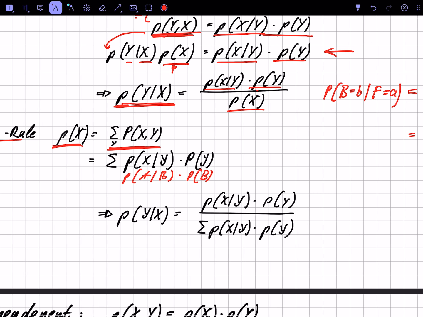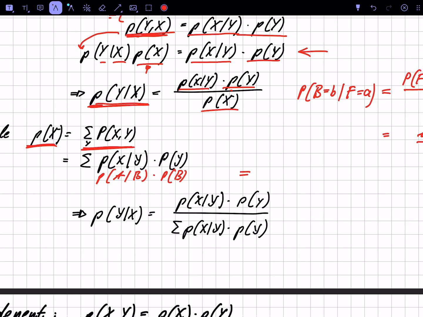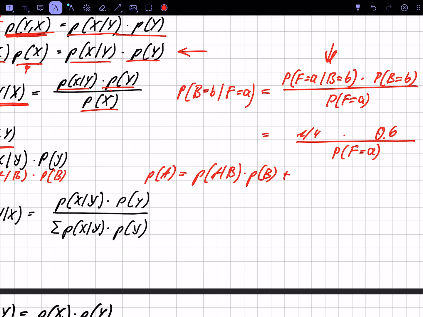So the probability of apple is the probability of apple given the blue box times the probability of the blue box, plus the probability of an apple given the red box times the probability of the red box.